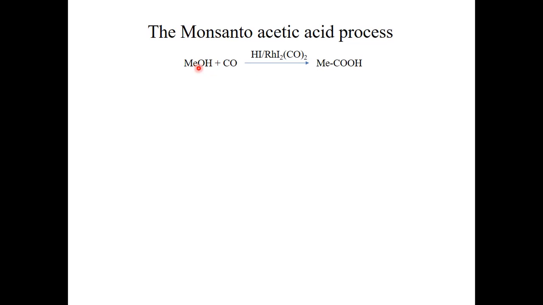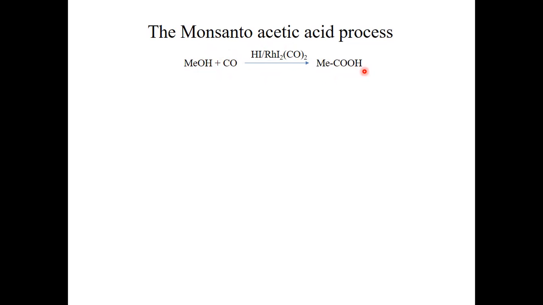In this process, you start out with methanol, and again you're using a carbonyl catalyst, in this case in conjunction with the co-catalyst HI, and carbon monoxide, in order to make acetic acid.